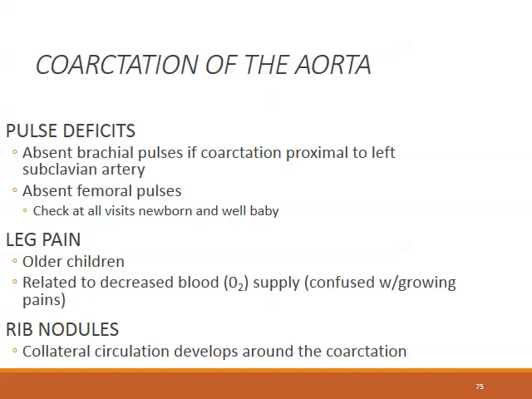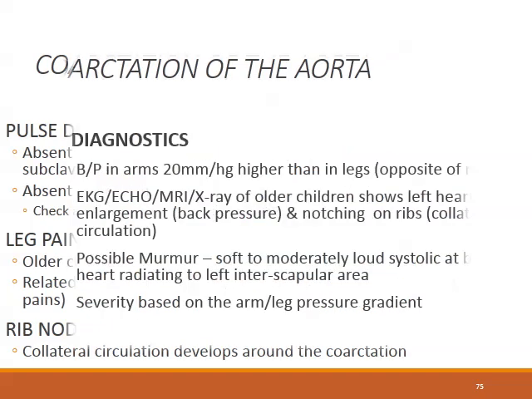And this is all related to the decreased blood supply and O2 supply, and this is often confused with growing pains. They'll also develop rib nodules, which is collateral circulation that develops around the coarctation and will cause this.